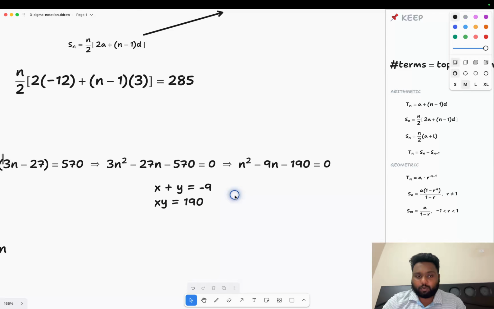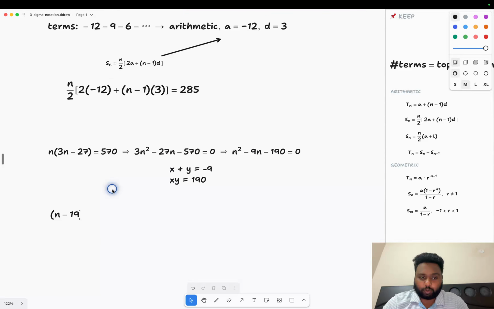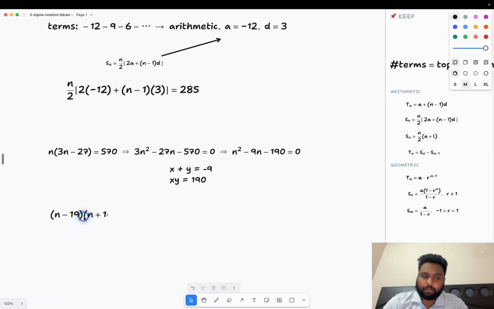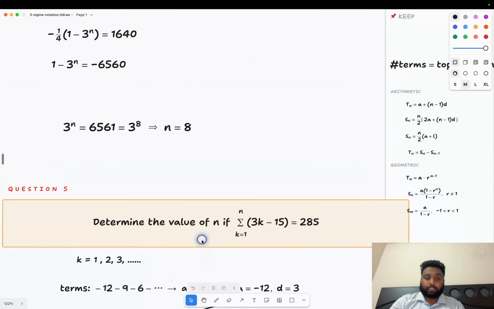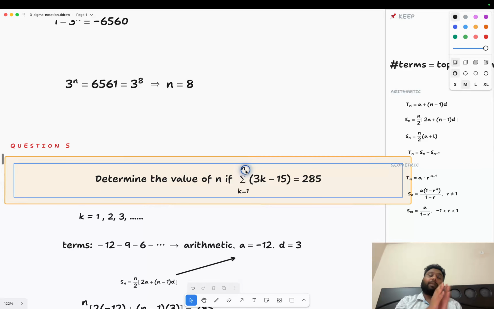What comes to my mind is that there will be two solutions to this: minus 19 and 10. So both of these factors will be equal to 0. We know this by solving a quadratic equation. It will have two solutions. n can be equal to 19 and n can be equal to minus 10, because the first value of k is 1 and n represents the number of terms we will have.